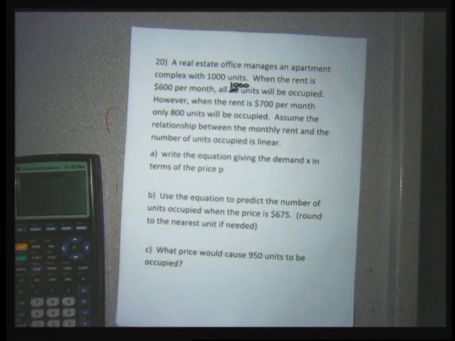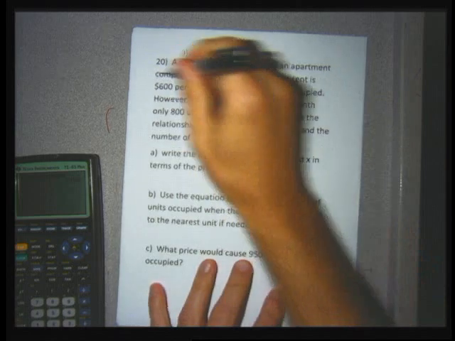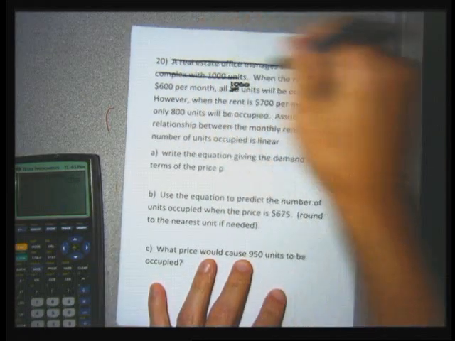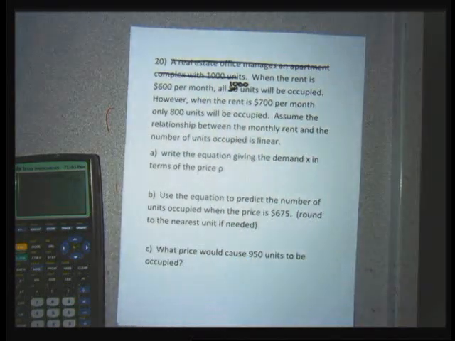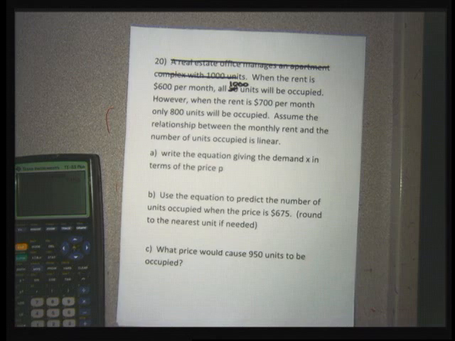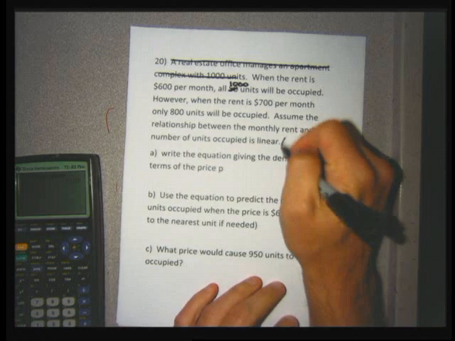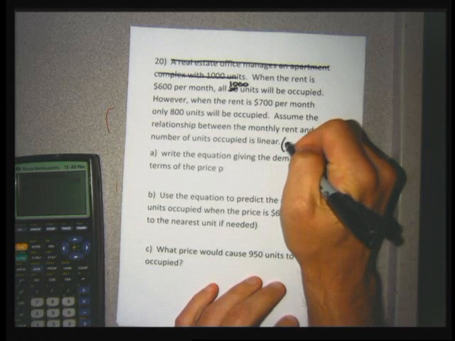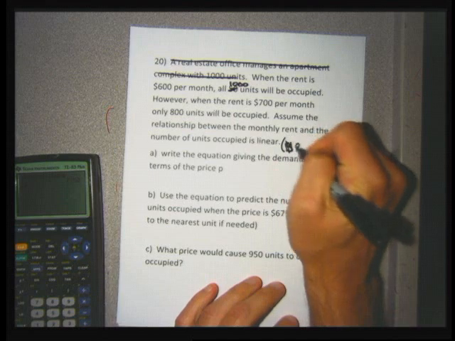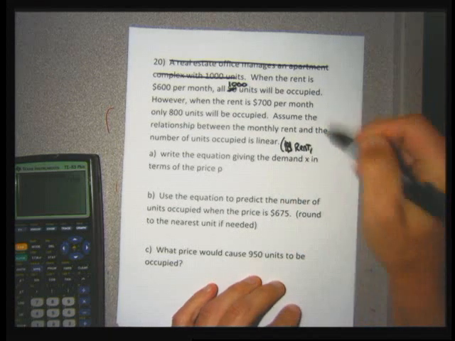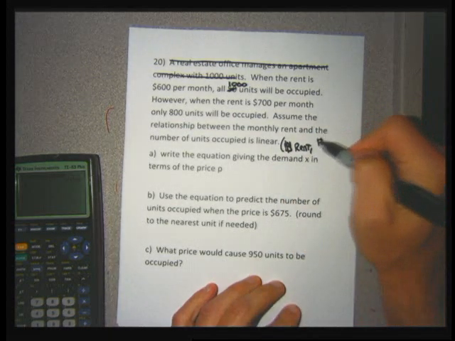Write an equation. This first sentence, although it's nice, tells me we only have 1,000 units. The next 2 sentences are what I'm going to use to get points. And my points are going to be of the form the dollar amount of the rent, and then the number of units that are going to be occupied.